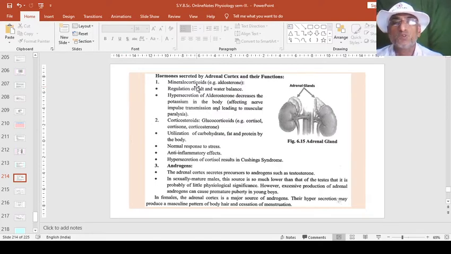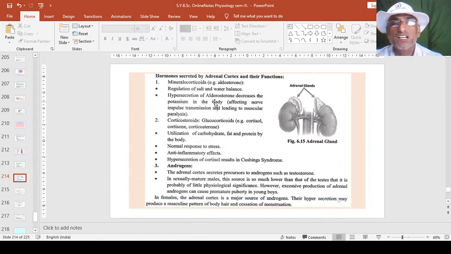mineralocorticoid hormones, for example aldosterone, because mineralocorticoid hormones include many hormones. One of them is the aldosterone hormone. It regulates salt and water balance in the kidney.